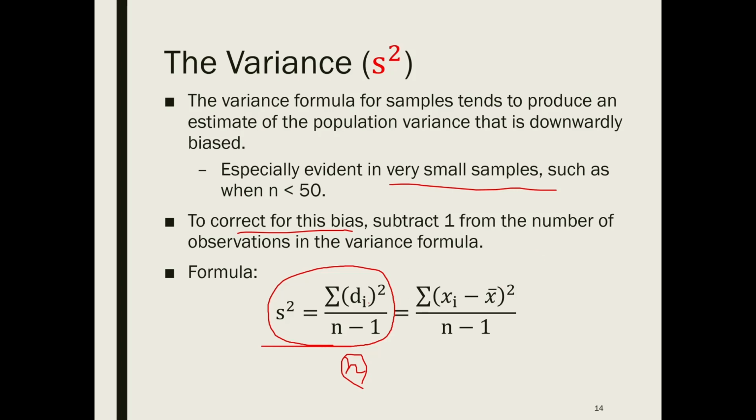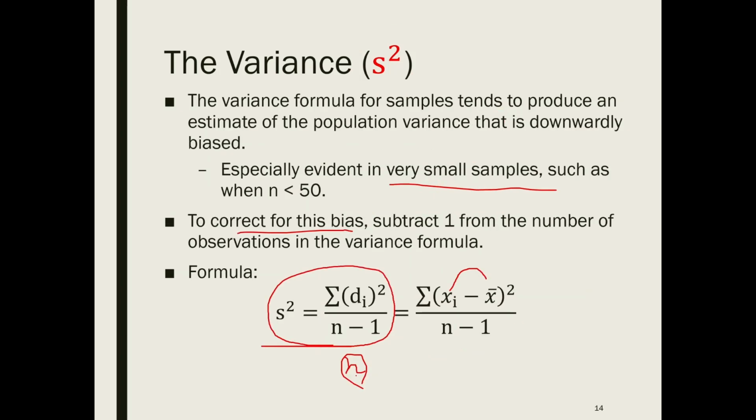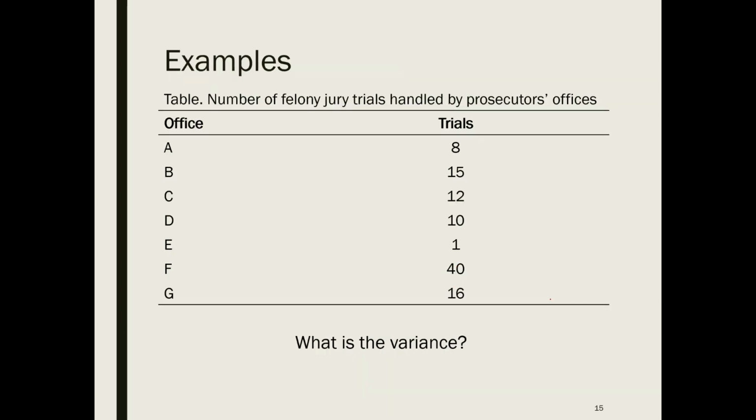And also, if you replace this deviance score with the original one, you get the raw score of each case minus the sample mean, squared, and then you add everything together and divide by the total sample size minus 1. It's a very simple formula, and it is very easy to calculate.